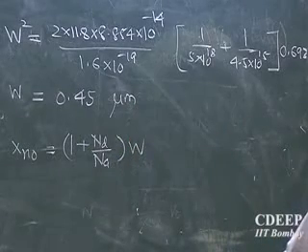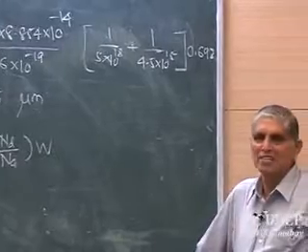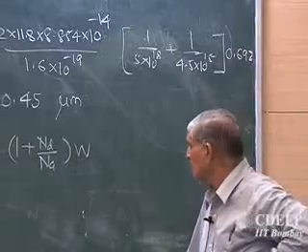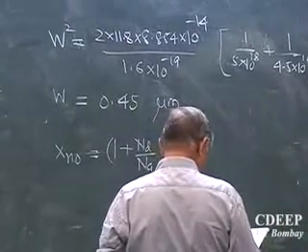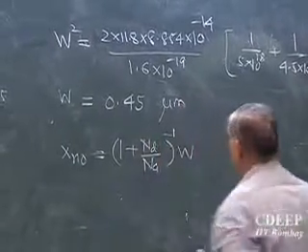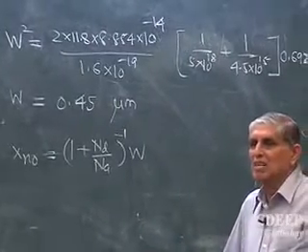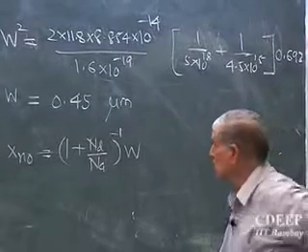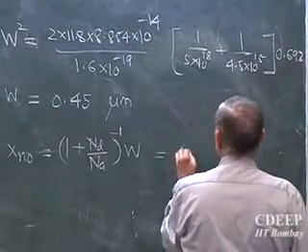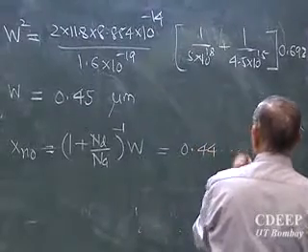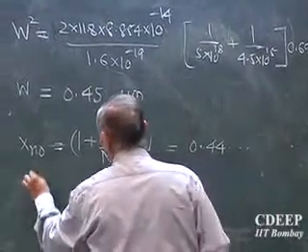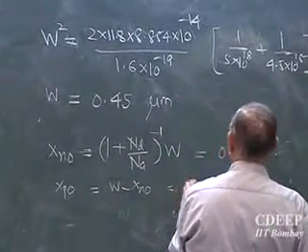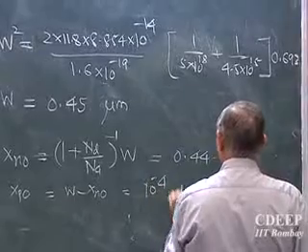Since I know Na and Nd, I also know W. It will always be less than W because xn0 plus xp0 has to be W. So you evaluate this xn0, which may come to something like 4 with some further decimals. Therefore when I do xp0, I say W minus xn0, so it will be of the order of 10 to the power minus 4 micron.